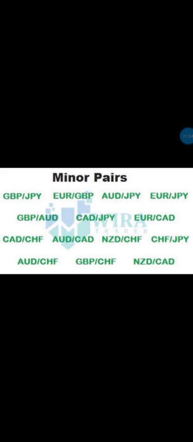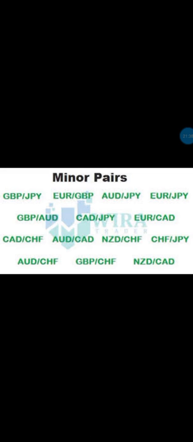At the first place, GBP is the base there, and then JPY is the quote or counter currency, and then the last one also, the New Zealand dollar is standing as the base, while the Canadian dollar is standing as the quote or counter. So now that is it. There are minor and major pairs.